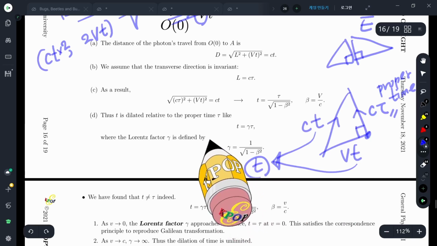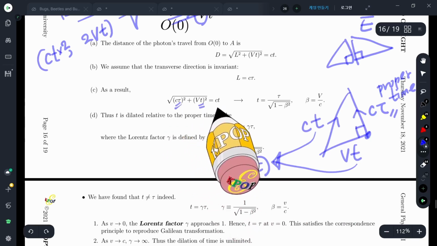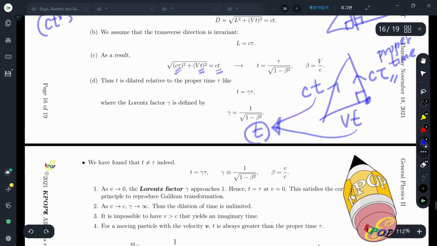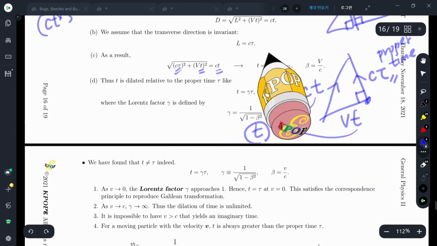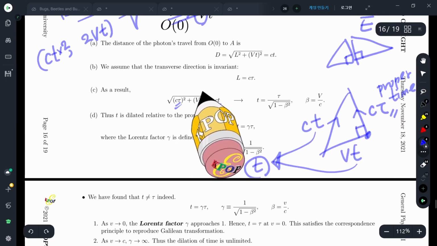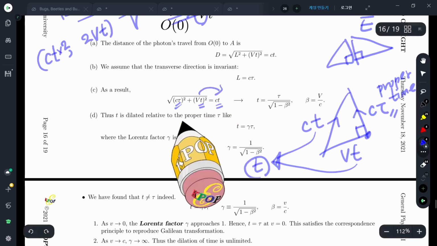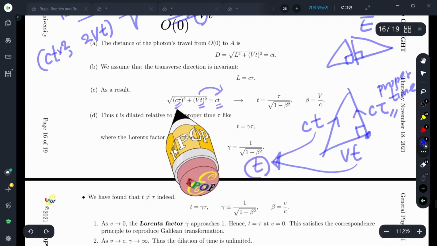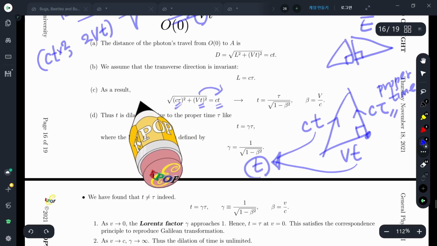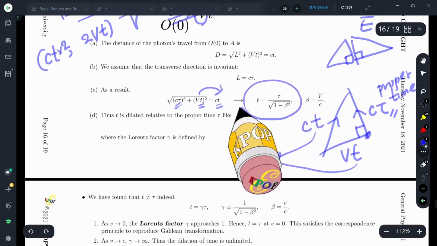This identity gives, we have tau here and t here. We can square these two equations and move this one to the right side. But finally, we divide both sides by the factor. We end up with the final answer.